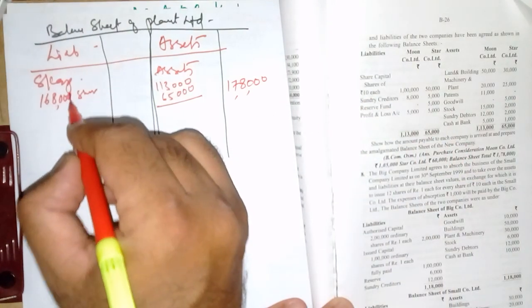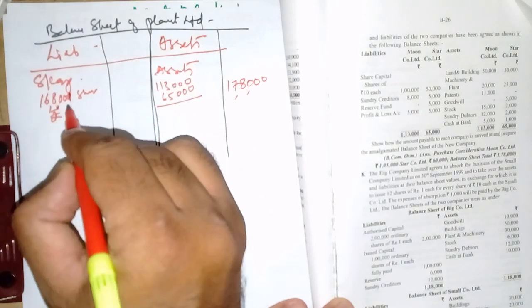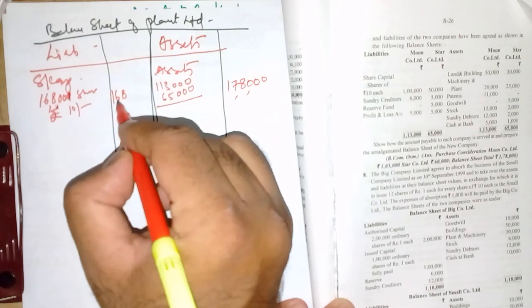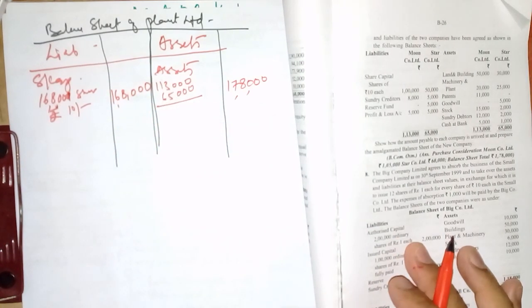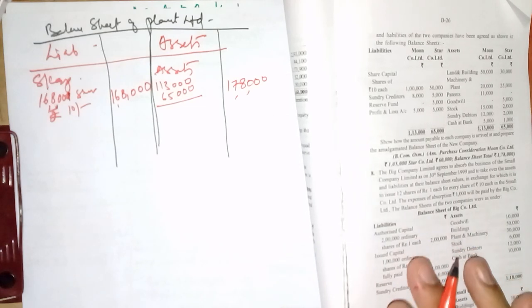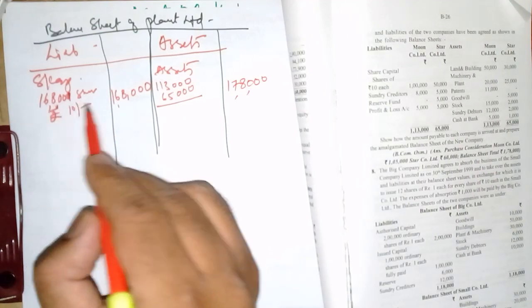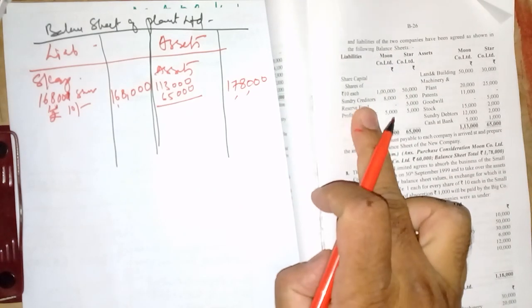So we presume 16,800 shares of rupees 10 each, or else you can directly write the amount 1,68,000. We are presuming here that the company is giving shares of rupees 10 each, so that's why I have written shares of rupees 10 each.